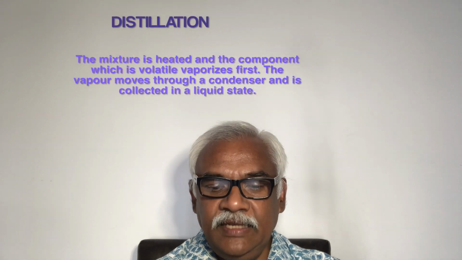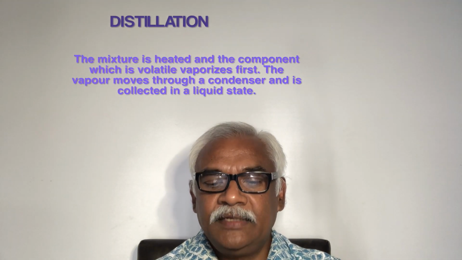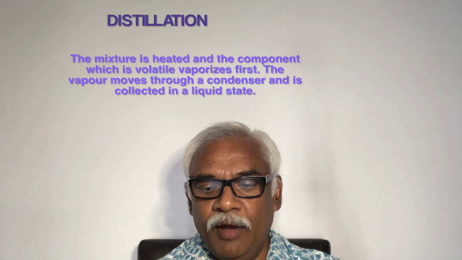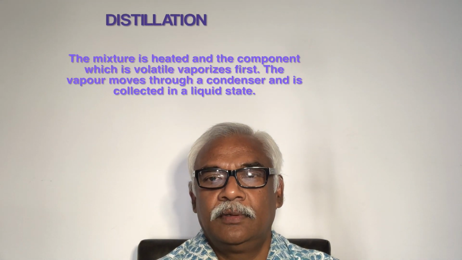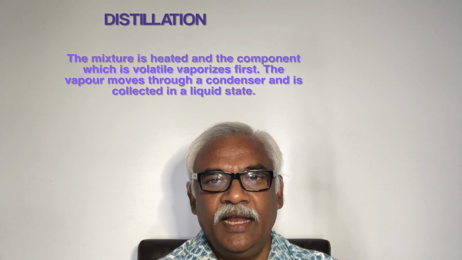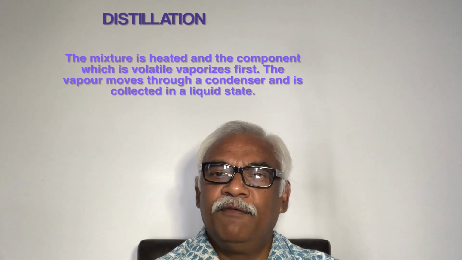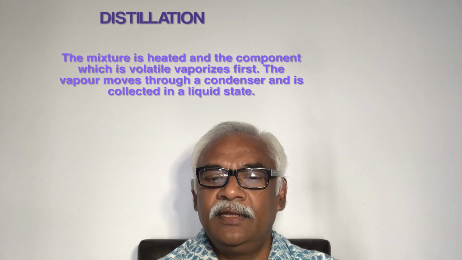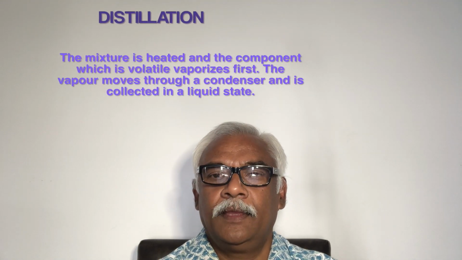The mixture is heated, and the part that is volatile will vaporize first. The vapor will then move through the condenser and is collected in the liquid state. That is distillation. We are separating two liquids based on a difference in boiling point.